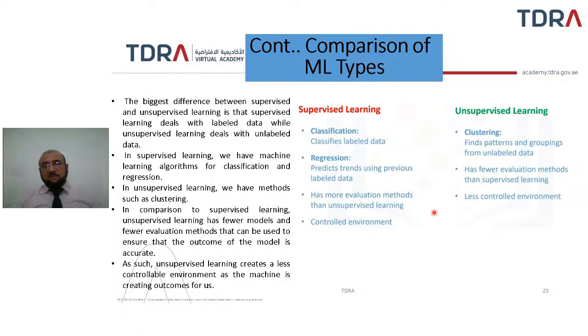Supervised learning is a controlled environment because we are labeling the data. But unsupervised learning learns by itself about the data we are feeding, so it is a less controlled environment.